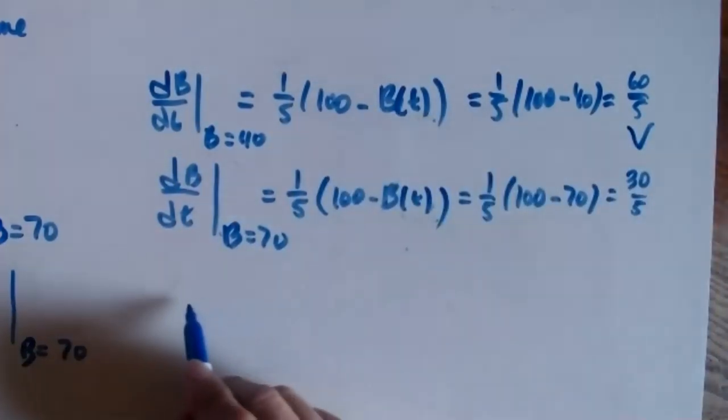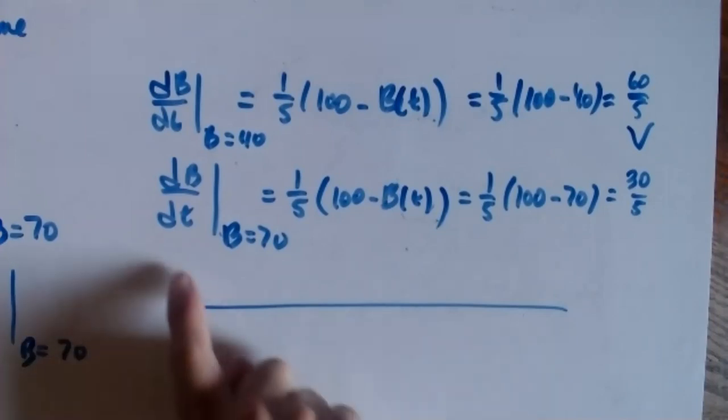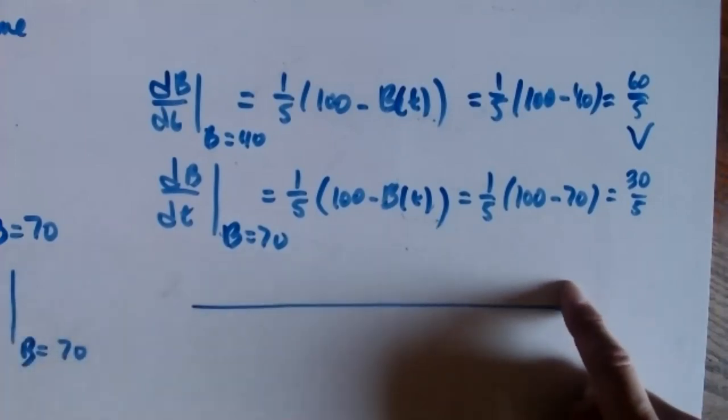So your conclusion is what? You have to write something in the context of the problem. It's a very simple phrase. No, you have to write something in English, your conclusion.